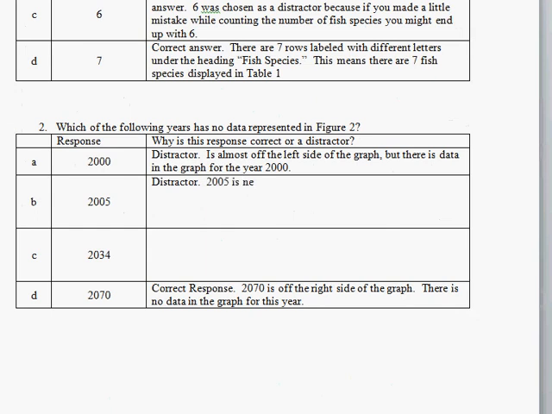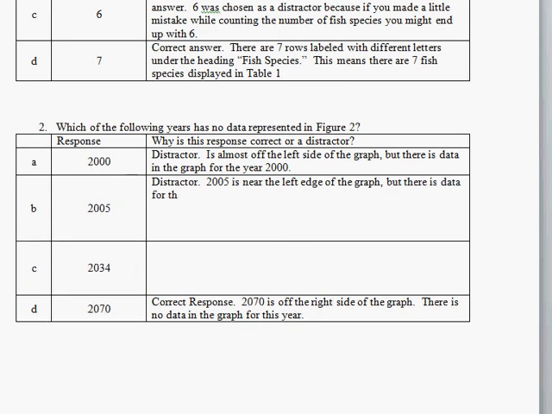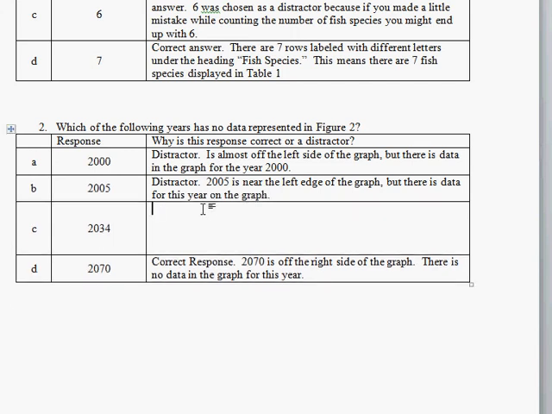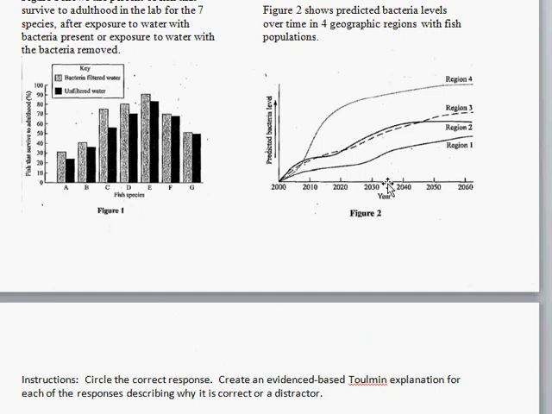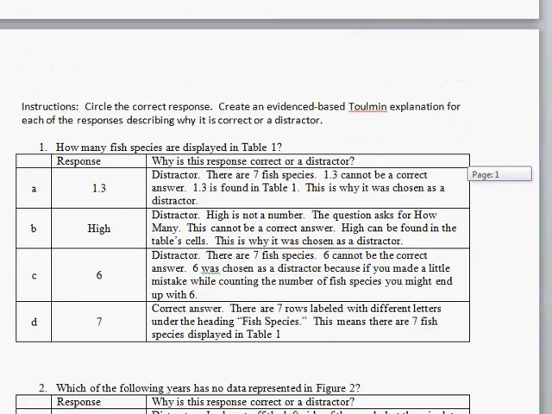There is data for this year on the graph. Okay. Distractor 2034. If we go back up and look, 2034 is definitely on the graph. It'd be somewhere in here, but there's definitely data for it.